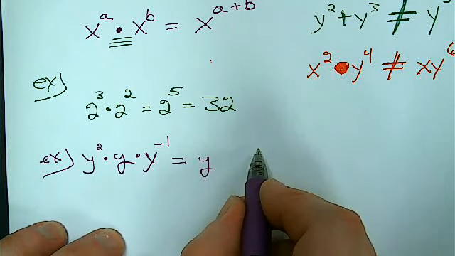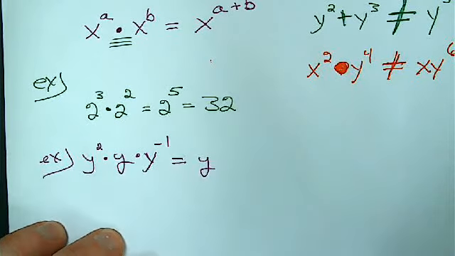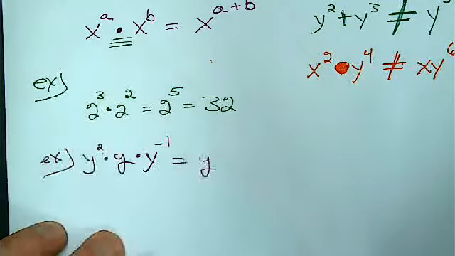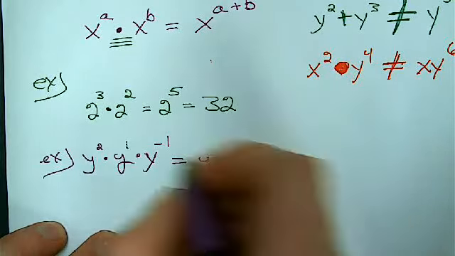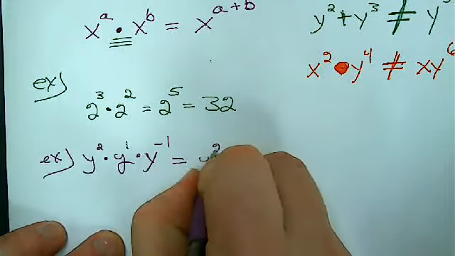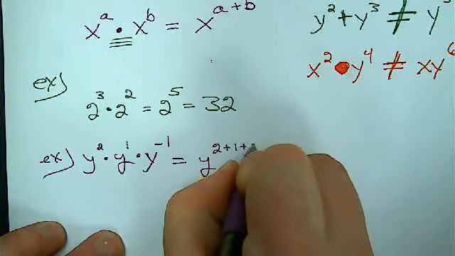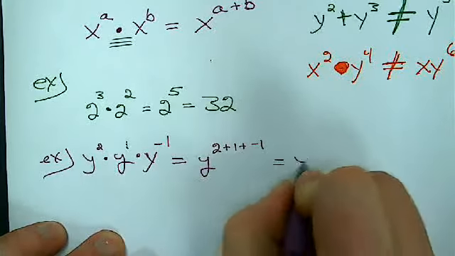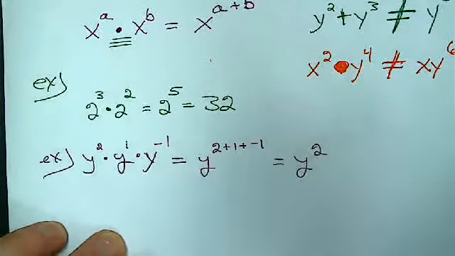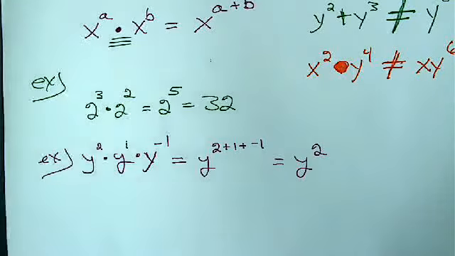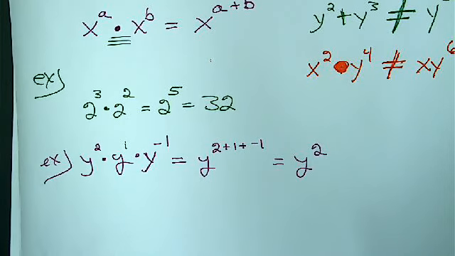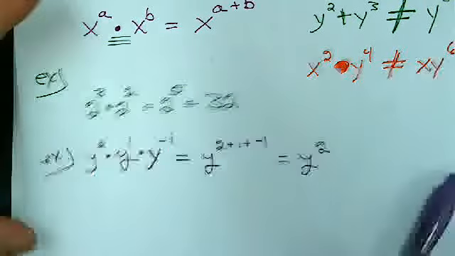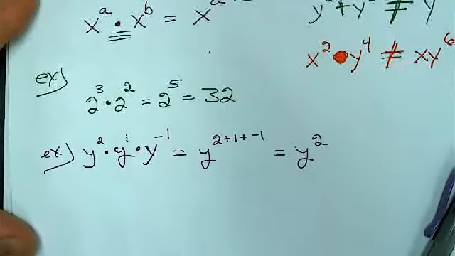Positive 1? Close. Remember, if there's no exponent, there's a pretend 1 here. Oh, 0. So it got colder. 2 plus 1 plus a negative 1 would be y squared. Yeah. If the bases are the same and you're multiplying the numbers together, then you just add the exponents up, and that gives you the final exponent.